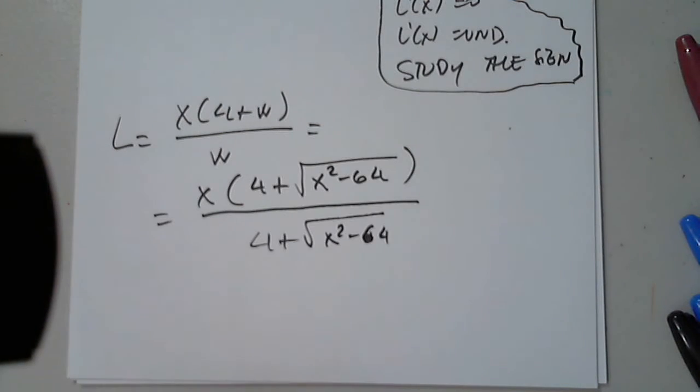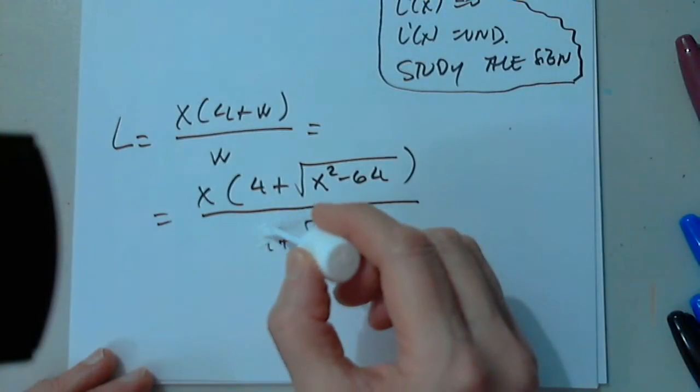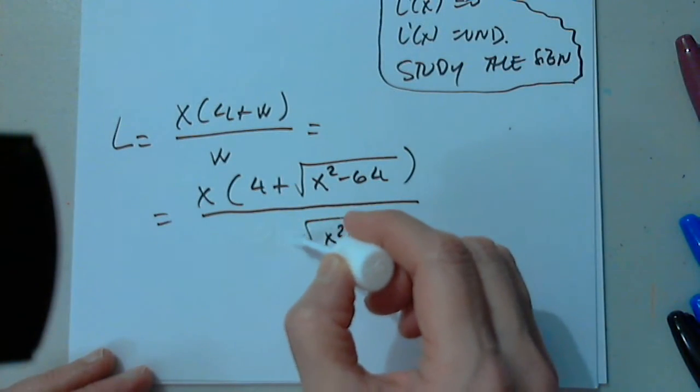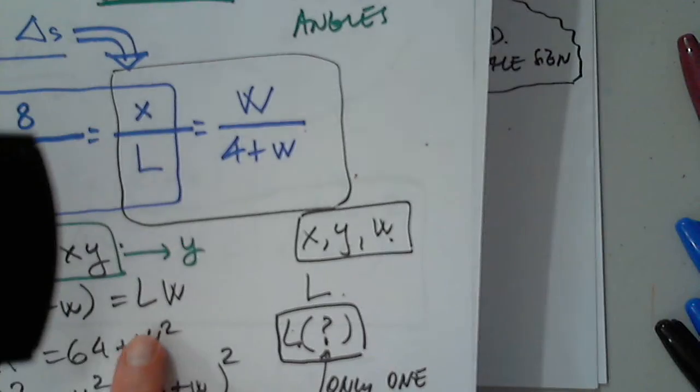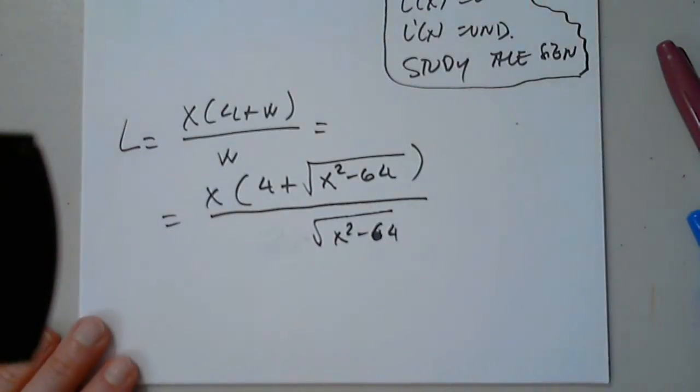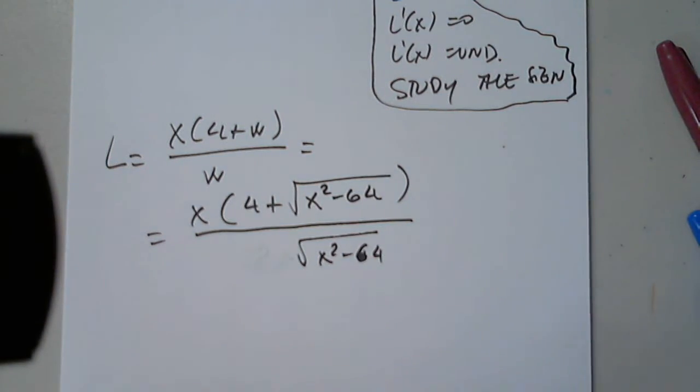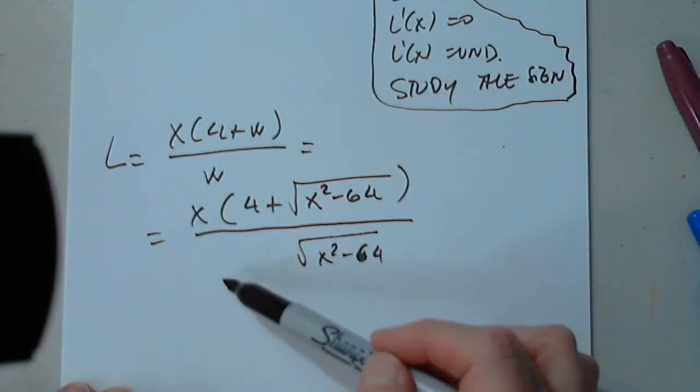Yeah, I think this is an easier path. No, it was just the square root. Why did I write 4? So it was L equals x(4 plus w) over w. Okay, I like that. And 4 plus w, okay.